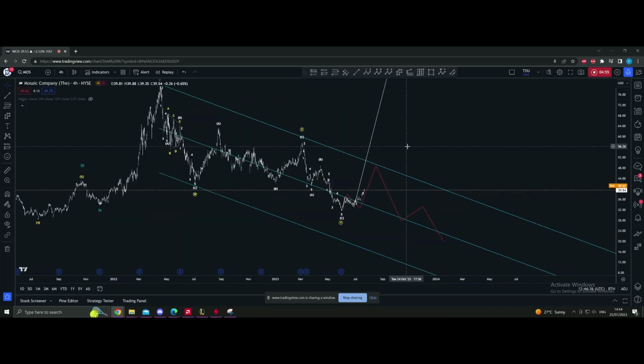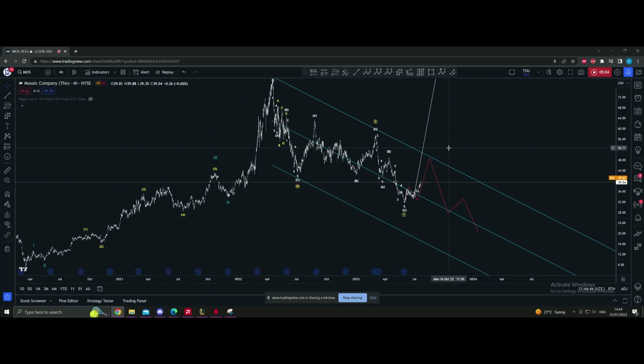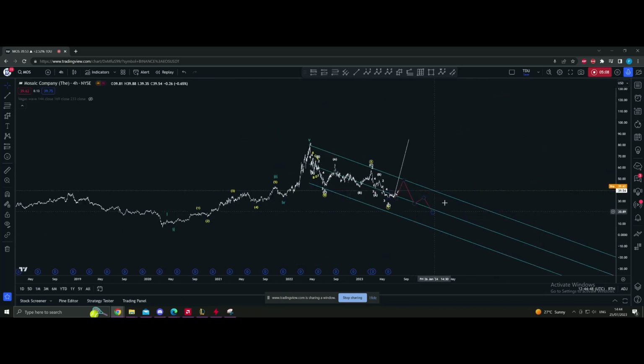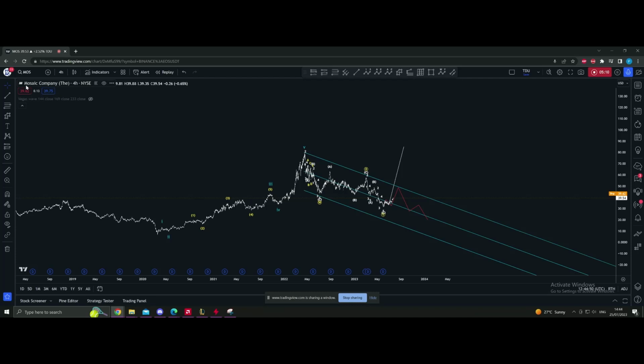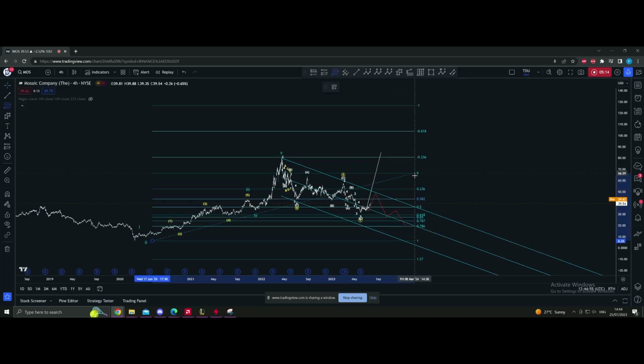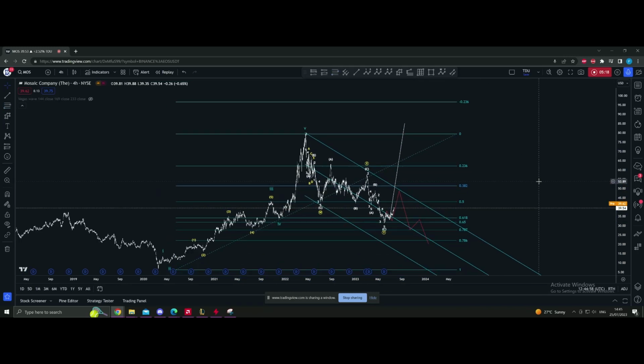What else could I add here? So I'm a bit late because it's only yesterday I looked at this chart. Maybe it's a bit too late to enter this trade. But for example, if you're interested in the long term in Mosaic company, then you would think of investing or options, I don't know, whatever you want to do.